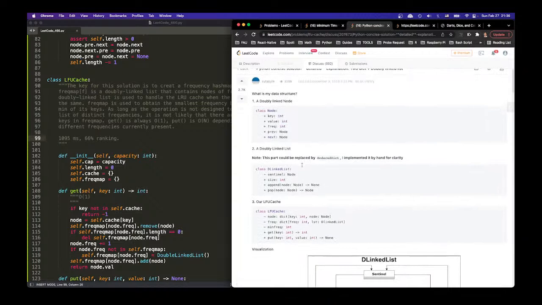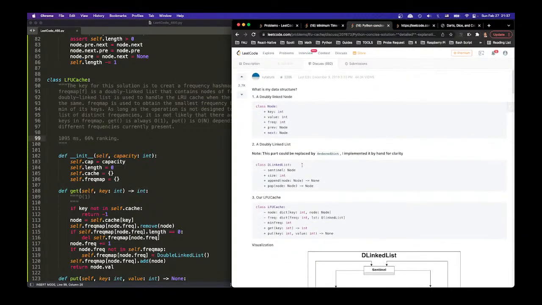All right, I need to read this one more carefully. I think it's probably a different data structure compared to mine. An ordered dict. I think this is a linked list. This is a double linked list.